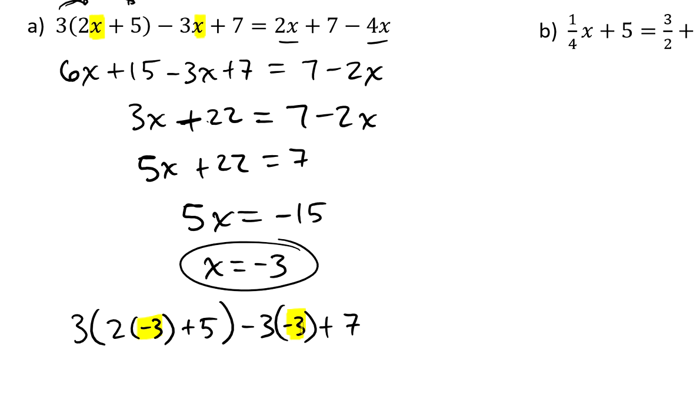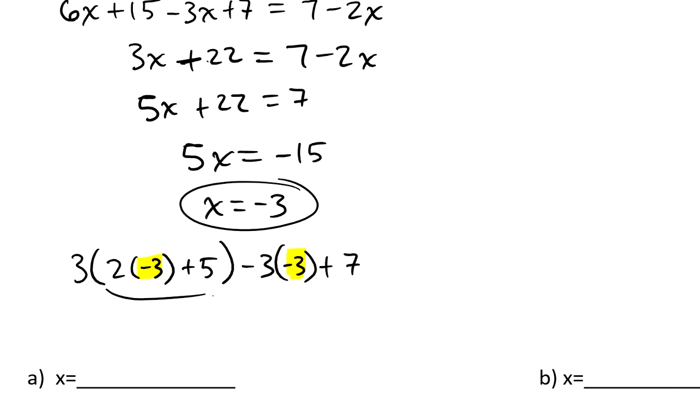Negative 2 times negative 3 is negative 6. Negative 6 plus 5 is 1. So this whole thing right here is just 3 times 1, or 3. And then I've got minus negative 3 times negative 3, which is plus 9. And then plus 7. So I'm looking at 3 plus 9 plus 7.